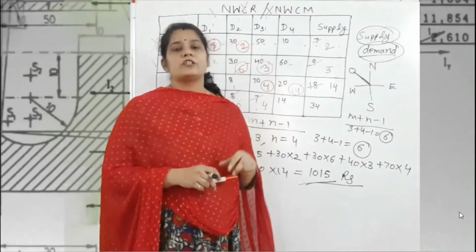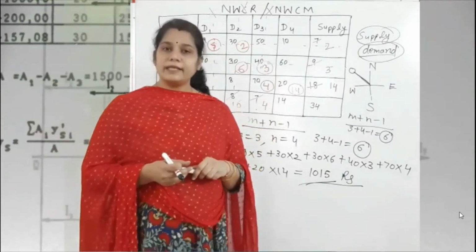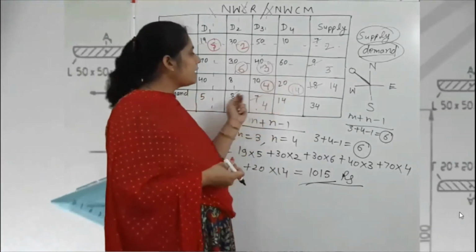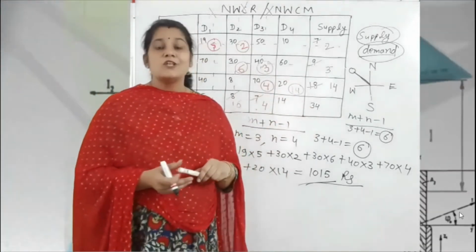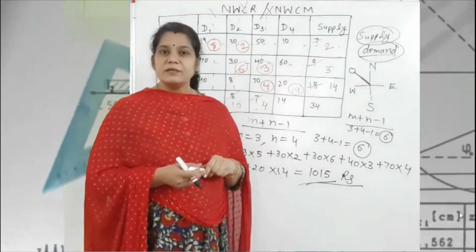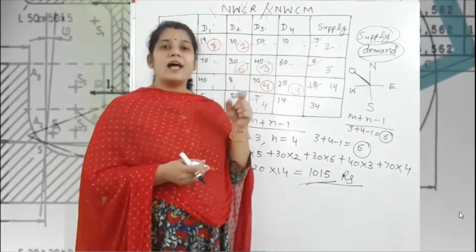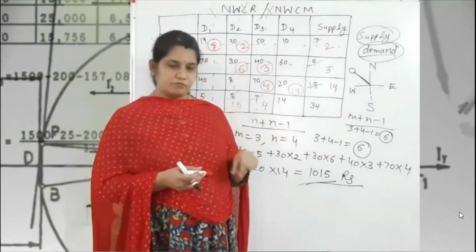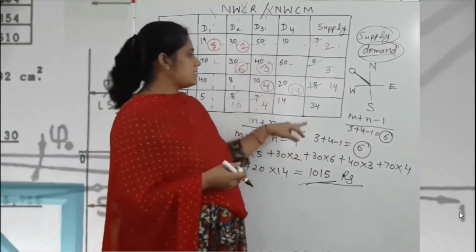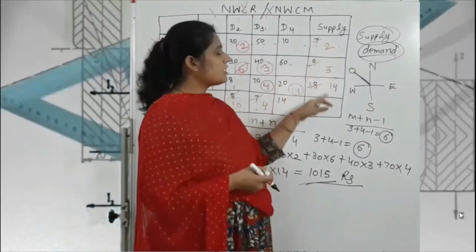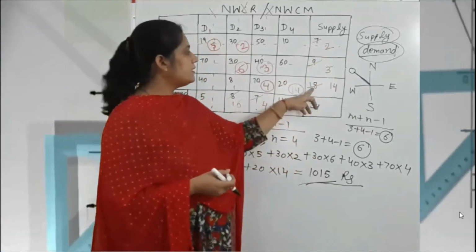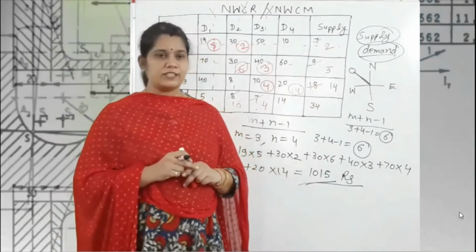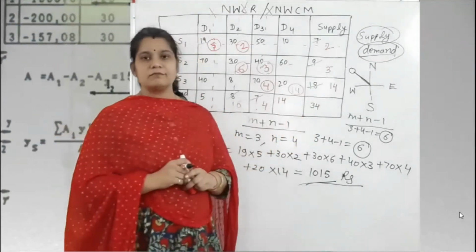In case our question is given in unbalanced form, that means our supply and demand are not equal, first we convert it into balanced format with the help of a dummy row or dummy column. For example, if the sum is 33, and here in place we write 17, plus is 33.